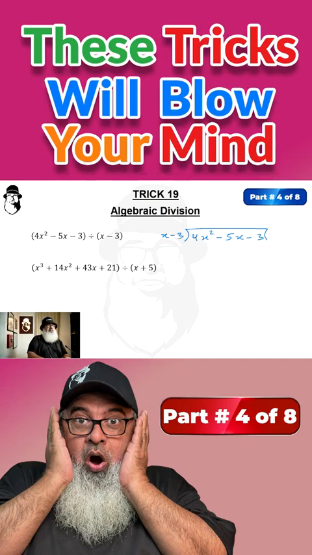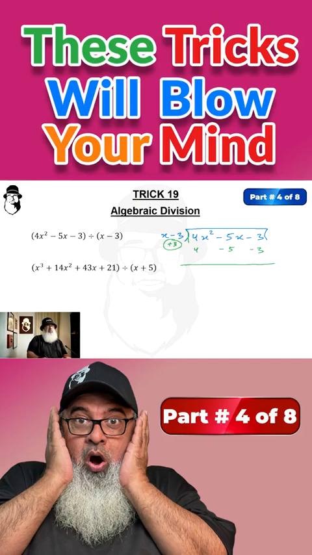So the first step is to get the transpose of this. This is minus 3, so we'll write plus 3 here. Right? Just change the sign. And then we just write the numbers here, as we are dealing with only coefficients. Write 4 here, minus 5 here, and minus 3 here, right?